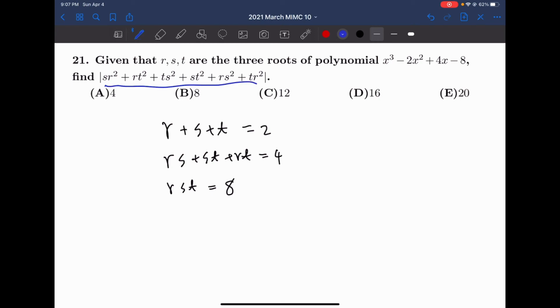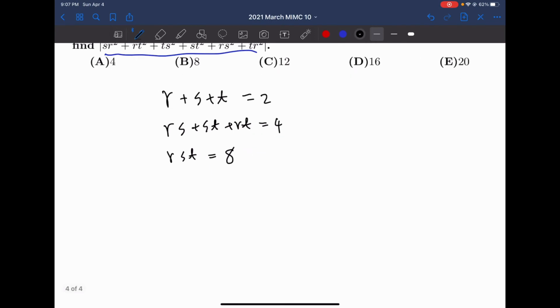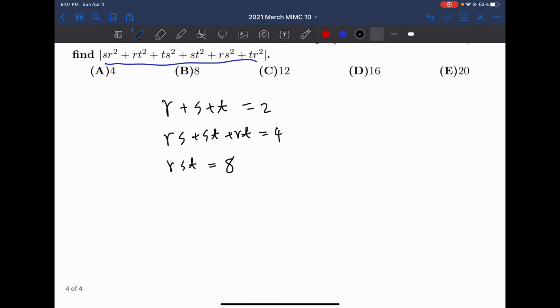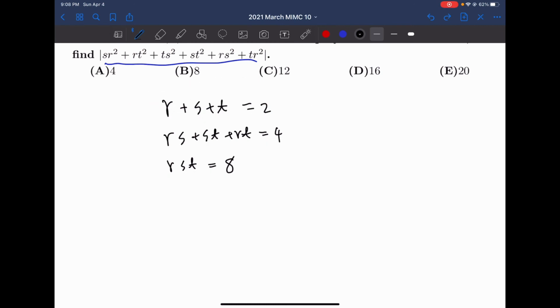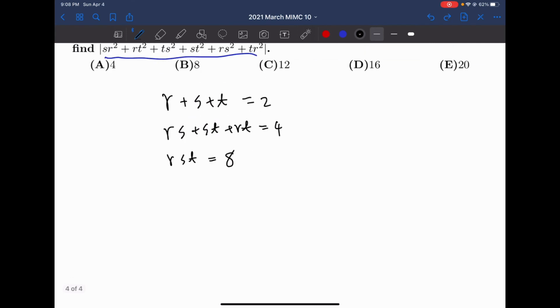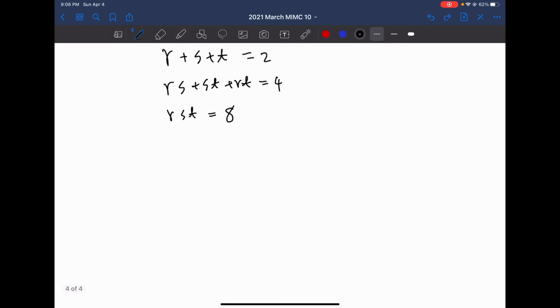Examine the expression that it wants us to find below. So let's think about this expression. How can we format this so that it uses these 3 expressions? So let's see. That's r, that's rt squared, that's ts squared. So maybe we'll try to pull out a common factor of rst, because we know rst is equal to 8.